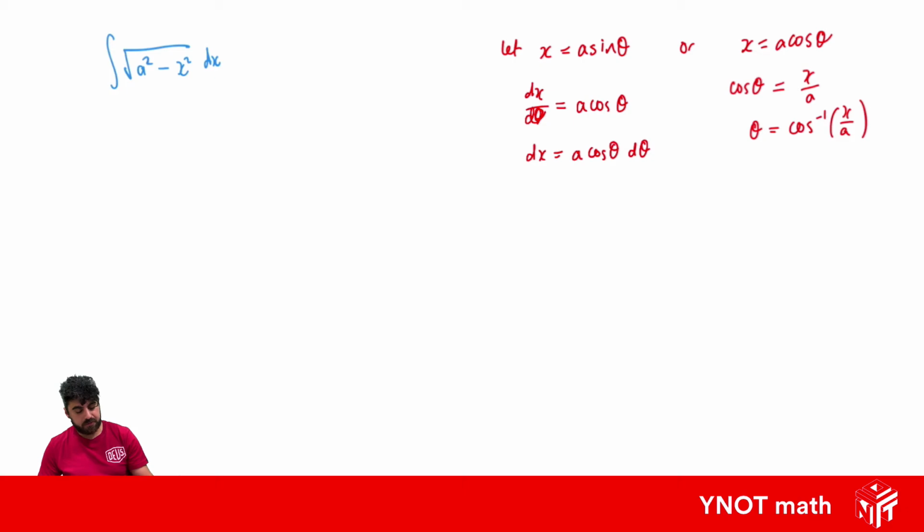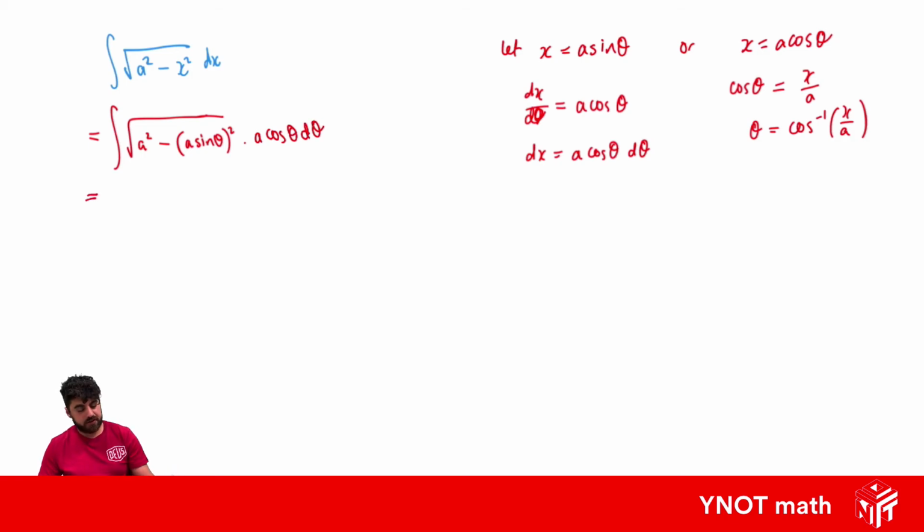And let's go ahead and make some substitutions. We're going to have the integral of the square root of a squared minus x, which we let equal a sine theta, and dx, which is a cos theta d theta.